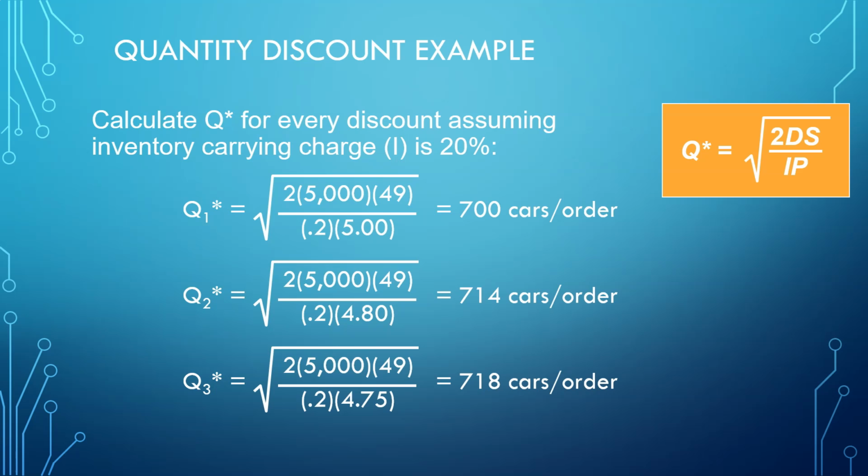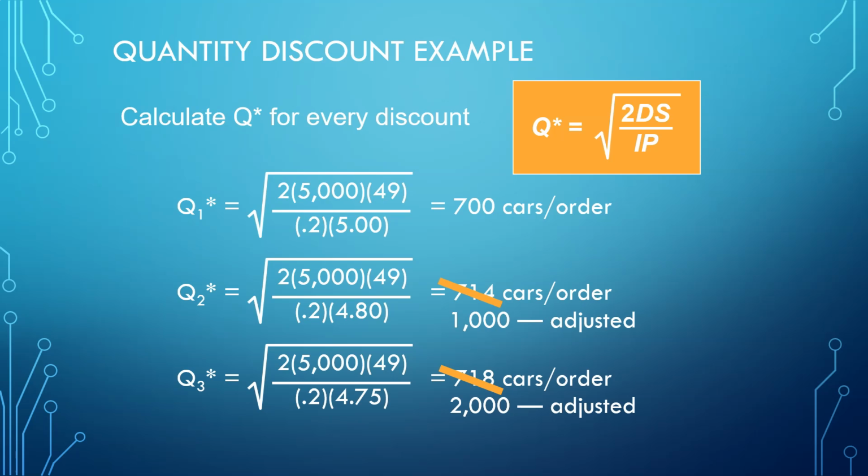Since Q star is equal to the square root of 2DS over IP, we substitute the values of D, S, I and P within the formula, and we get Q1 star equal to 700 cars per order, Q2 star equal to 714 cars per order, and Q3 star equal to 718 cars per order.